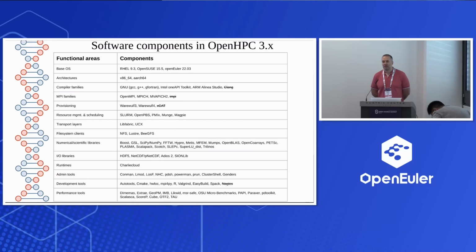Just to repeat for people in the back. It depends on what kind of additional software you use. If you use mostly the software that is provided by OpenHPC, it should be quite easy. But if you use something in addition that you install with EasyBuild or manually or anything like this, then we don't know what kind of problems to expect. So yeah, it depends on how much on top you have.